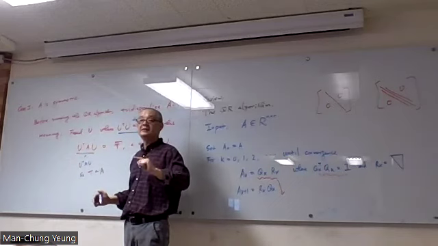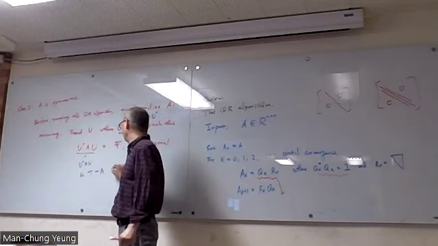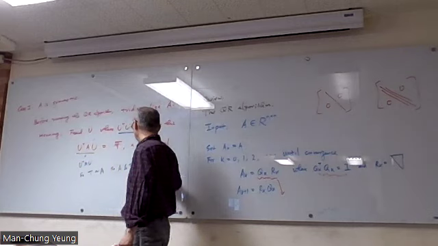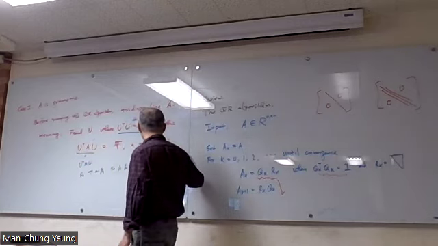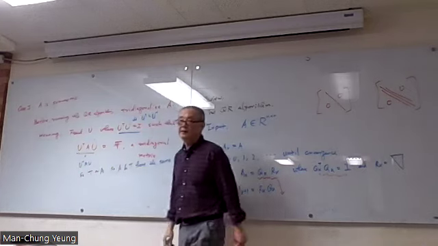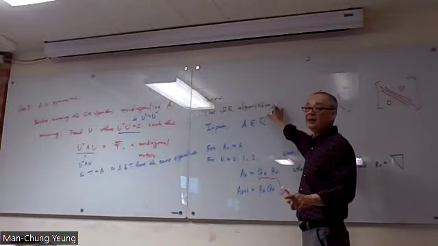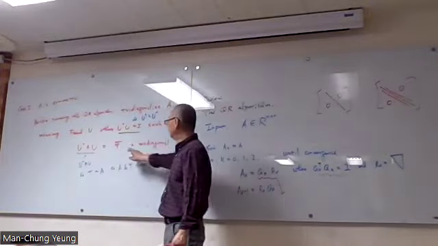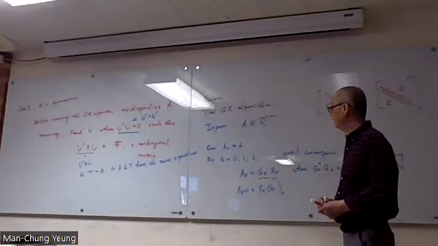Similar matrices have the same eigenvalues. So A and T have the same eigenvalues. And now I apply the QR algorithm to this T to find the eigenvalues of T.